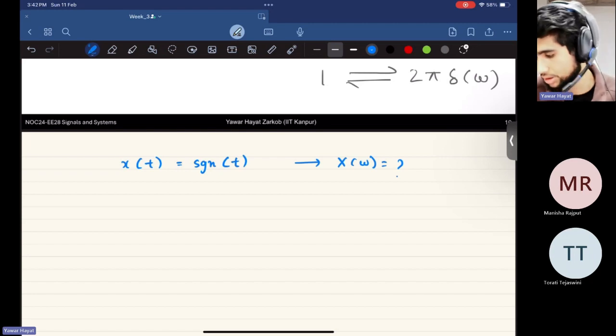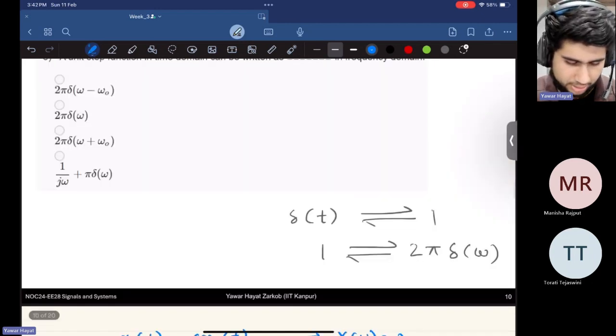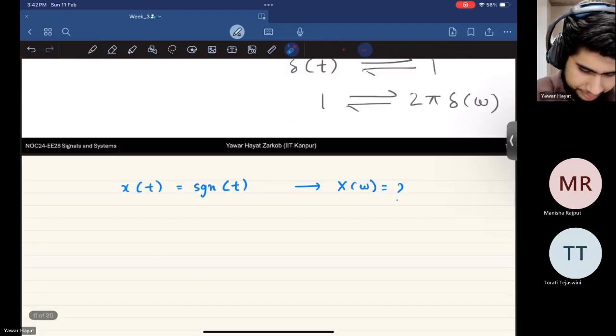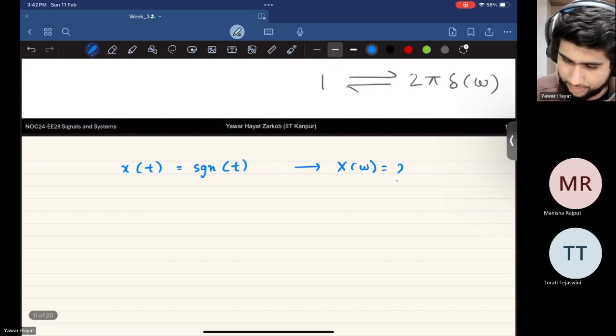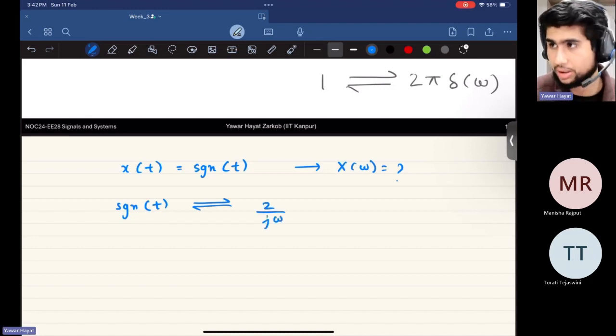Yes, it is 2 by j omega. So I would readily use that result and then make use of properties to find the Fourier transform of the unit step function. The Fourier transform of the signum function is 2 by j omega.